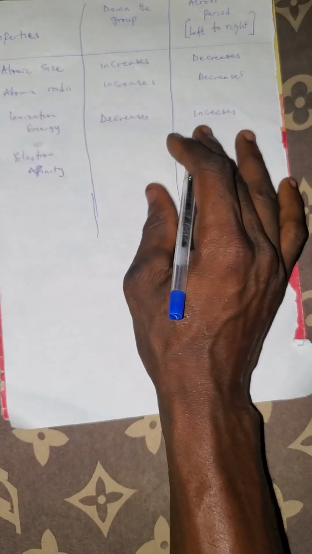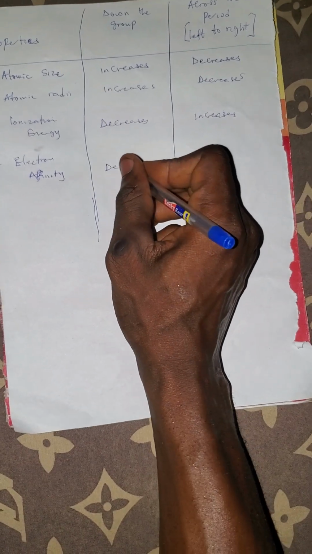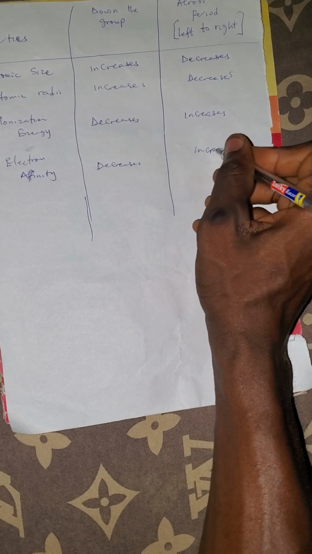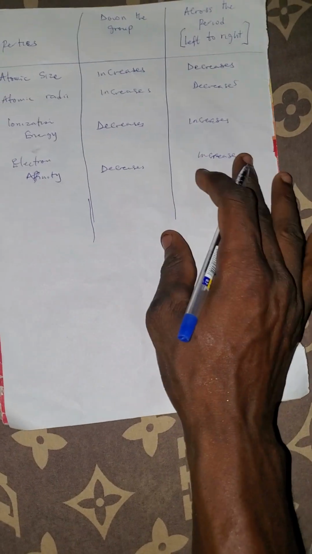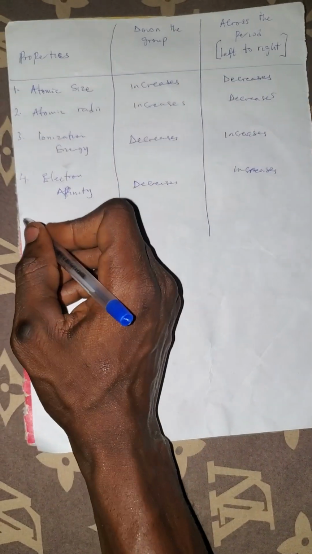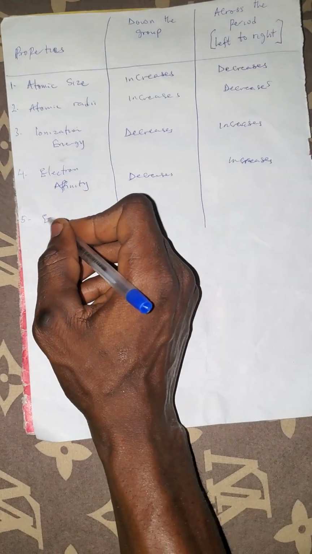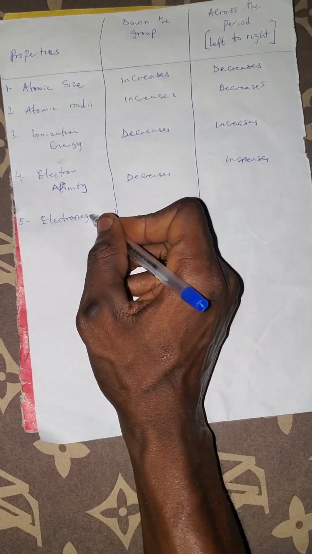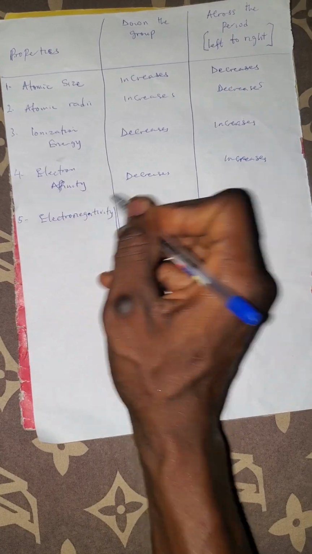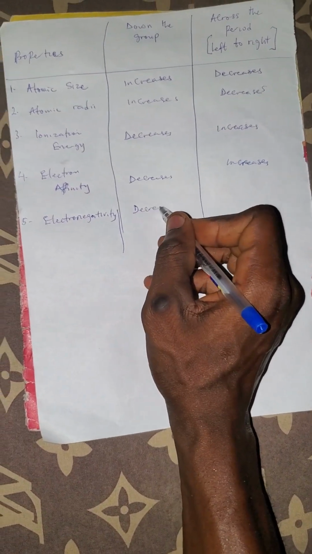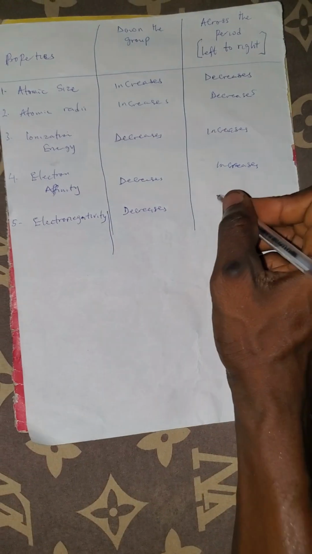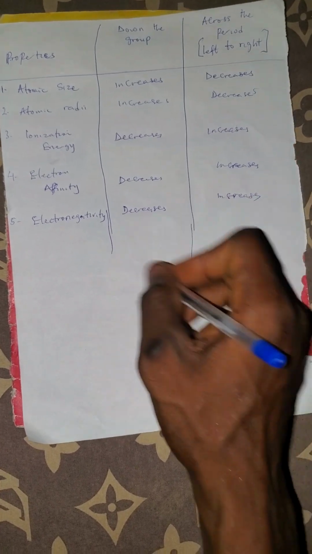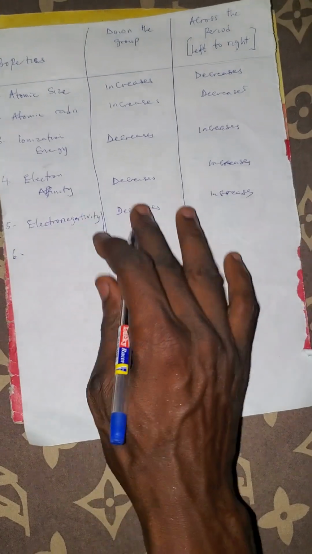It decreases down the group and it increases across the period. Next one, number 5, we have electronegativity. Electronegativity is the same thing as electron affinity. It decreases down the group and it increases across the period.